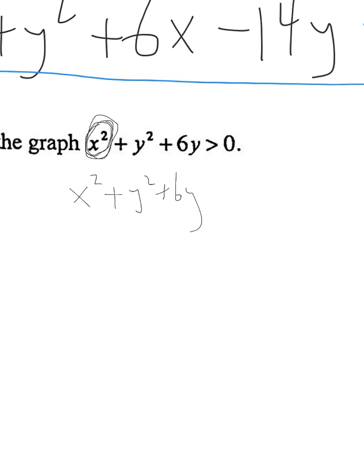We have to create a c value to be able to factor this into a quantity. Half of 6 is 3. 3 squared is 9. So plus 9. Which means we have to add 9 to the other side. And now we factor. Well, the x group's already factored. The y group becomes y plus 3 squared greater than 9.